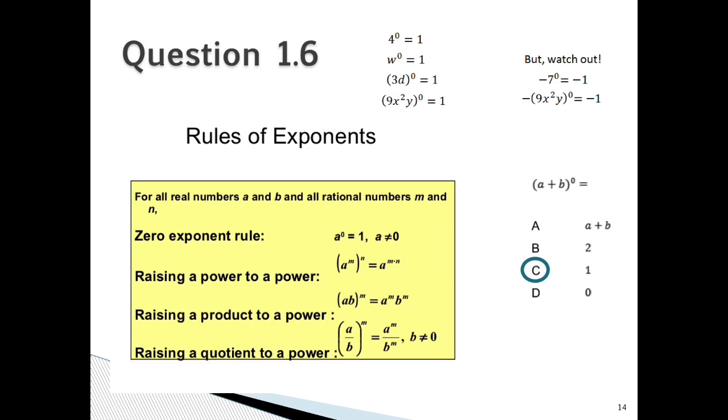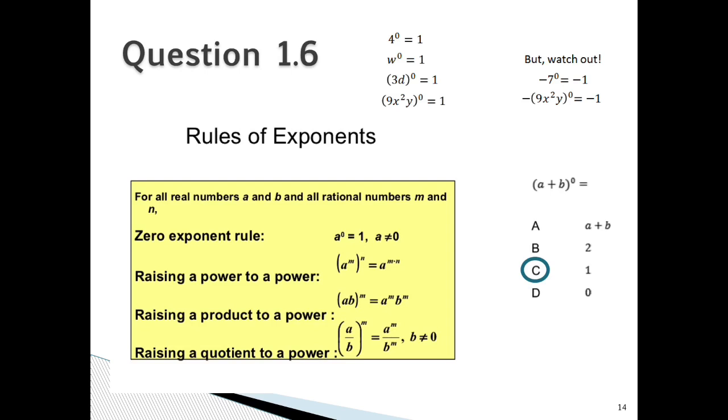If you're raising a power to a power, (A to the power M) to the power N is equal to A to the power M times N. If you're raising a product to a power, (AB) to the power M is equal to A to the power M and B to the power M. If you're raising a quotient to a power, (A over B) to the power M is equal to A to the power M over B to the power M, where B cannot equal 0.